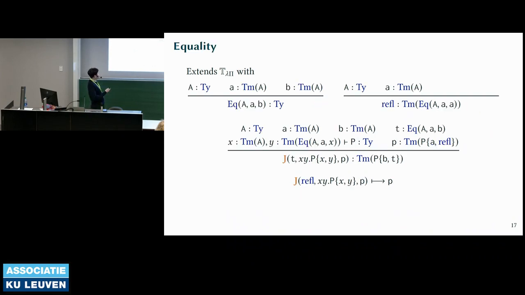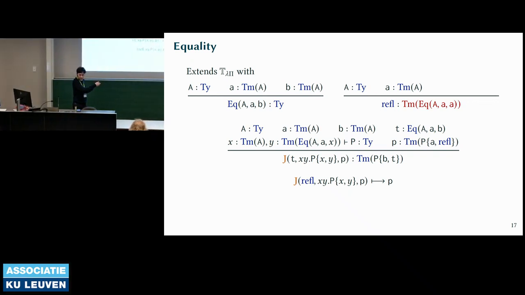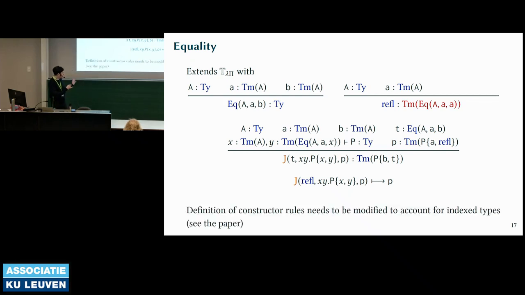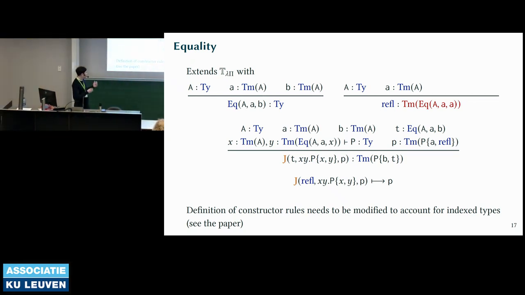We can do equality, but there is a small caveat, because this is not a pattern in my sense, because I mentioned that I require patterns to be linear. And actually, the definitions that I presented here do not work with index types in general. In the paper, the modifications that you need to cover index types are explained, but I choose to not cover them here because it's a bit more complicated.